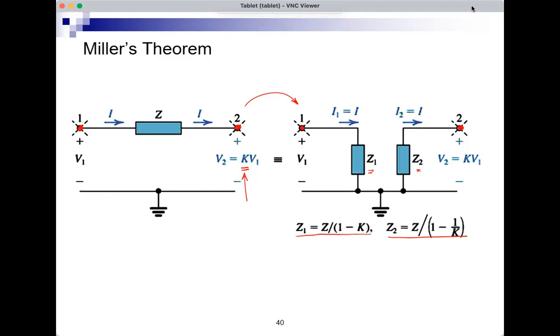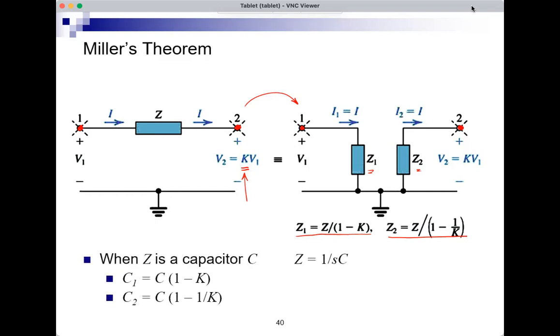But if I know K, it's constant, and doesn't change if I change the conditions in the circuit, then I can apply Miller's theorem and simplify the circuit. Even though I replace one impedance by two, the circuit becomes simpler, because elements between nodes and ground simplify the analysis, not complicate it.